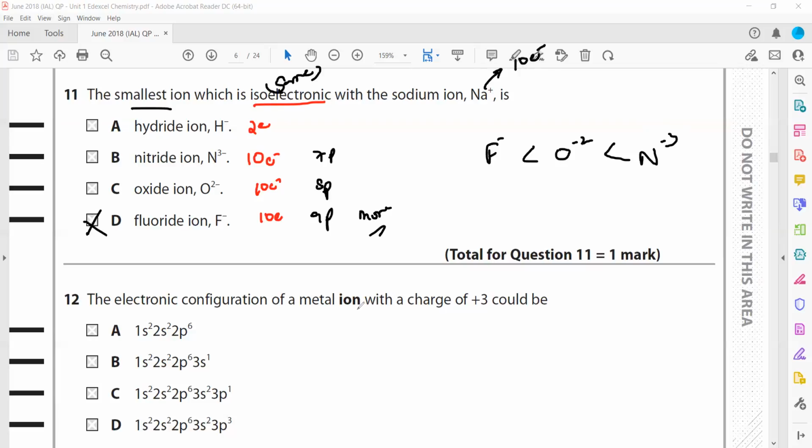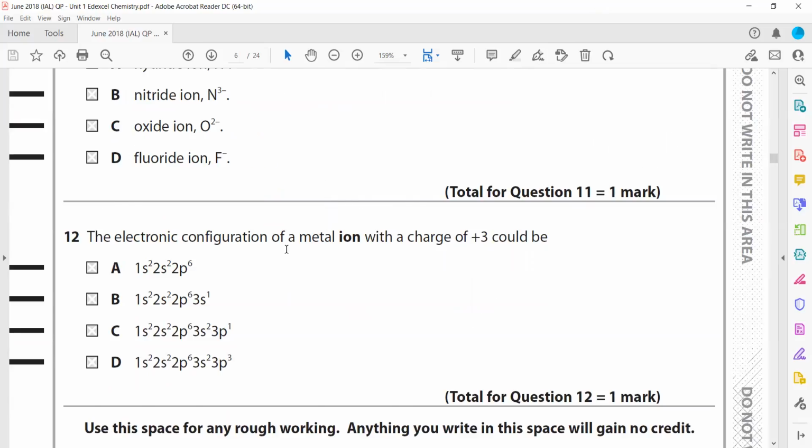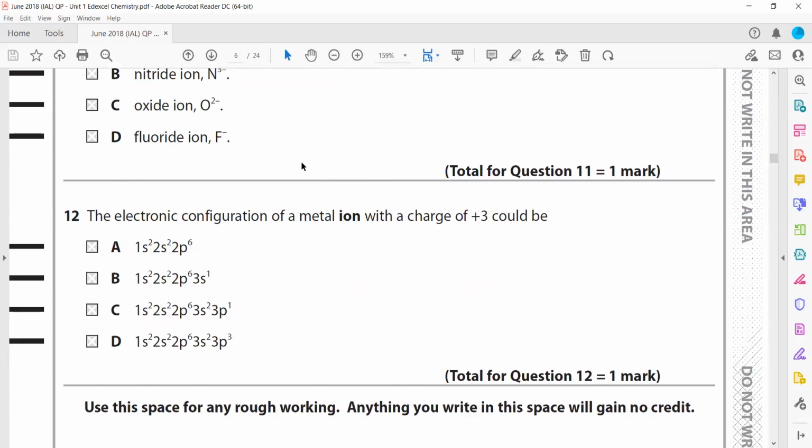The electronic configuration of a metal ion with a charge of 3 plus could be, 3 plus means it should be a group 3 element, so it should lose 3 electrons.